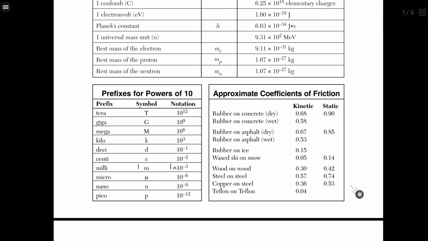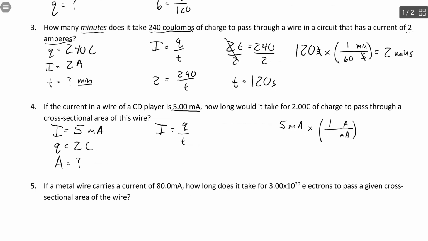So 1 times 10 to the negative 3 amps is equal to 1 milliamp. So 10 to the negative 3 amps, a small amount of big things, is equal to 1 small thing. And then the units will cancel out, and you get 5 times 10 to the negative 3 amps.